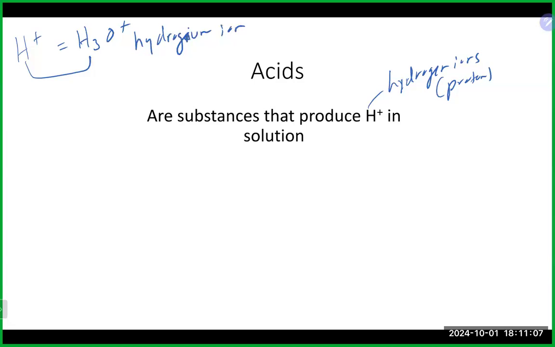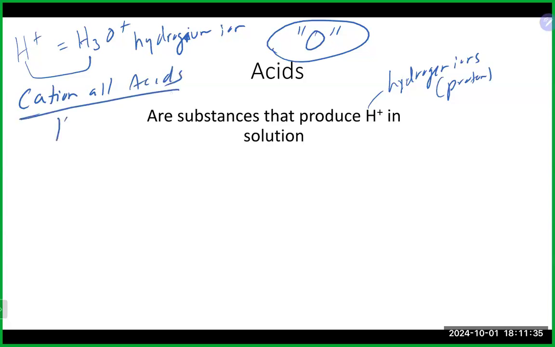Now, acids and how you name acids is basically all about oxygen and whether or not there is oxygen in the acid. By the way, for acids, you could consider them basically ionic compounds in most cases, and the cation for all acids is H plus.